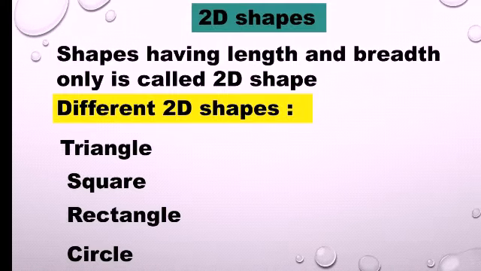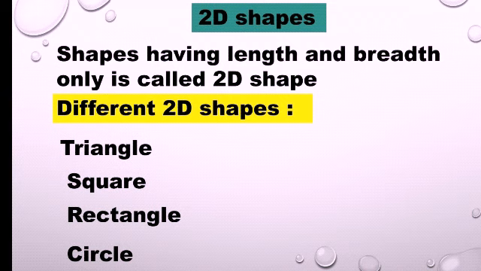We are going to start discussing 2D shapes. You have to remember one thing, that 2D shapes means flat shapes. The flat shapes having only length and breadth are called 2D shapes. In real life we get only 3D shapes.